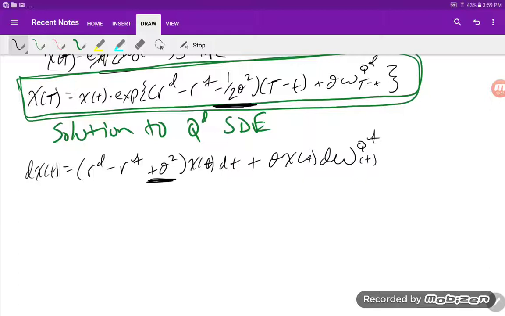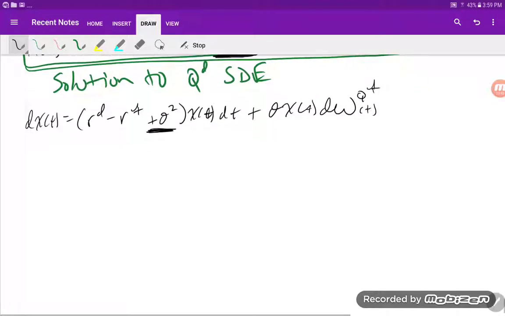Well, yes, that's exactly what's going to happen, but just for the sake of being thorough, let's actually go through that. So again, we're going to consider log of x. So again, we're going to have that differential of log of x. So we apply Ito again.